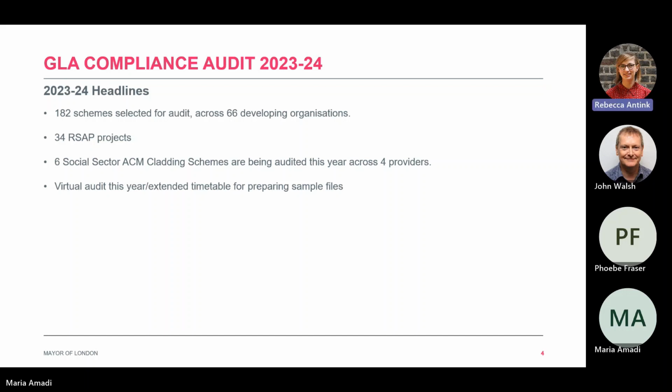The sample includes cash and RSAP homes, and providers are asked to ensure that auditors make sure that they're aware of the requirements and the checklist for those different schemes as soon as they receive instructions from the GLA.